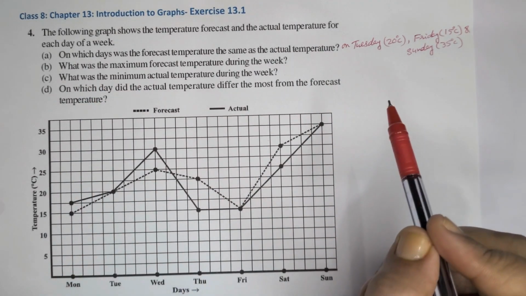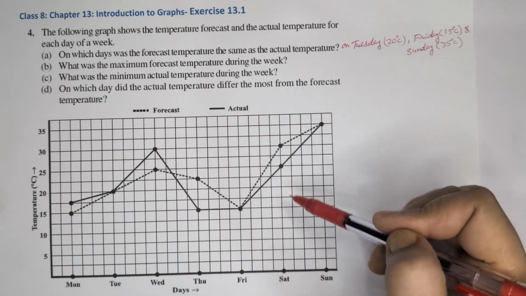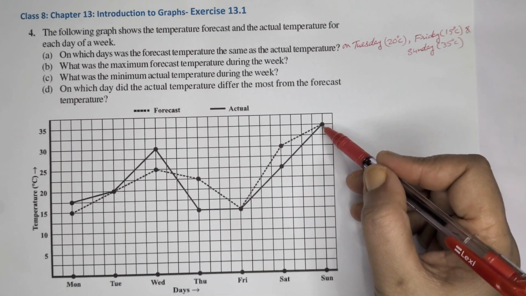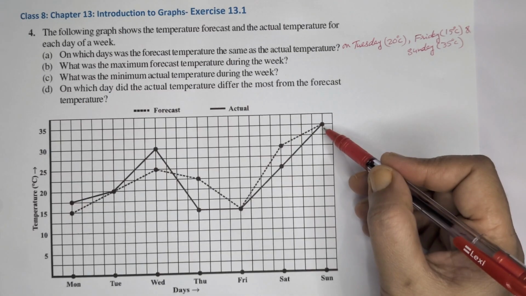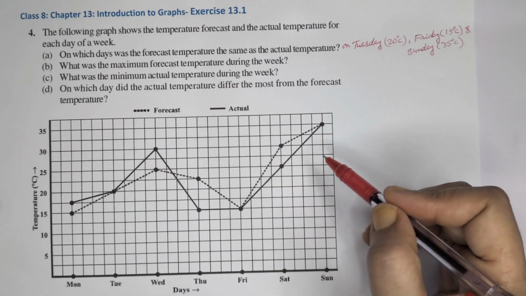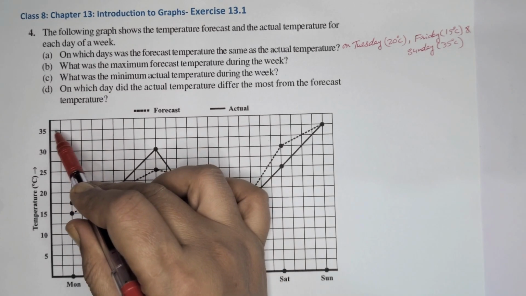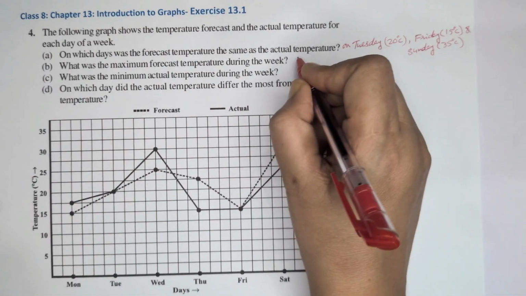B. What was the maximum forecast temperature during the week? Here the maximum during the week is here, 35. Here this line. So 35 degrees Celsius.